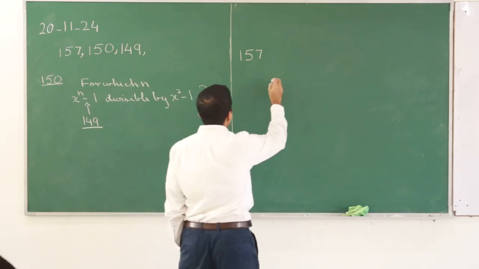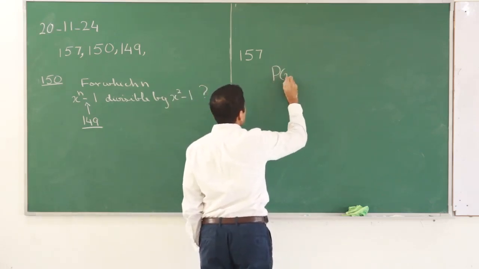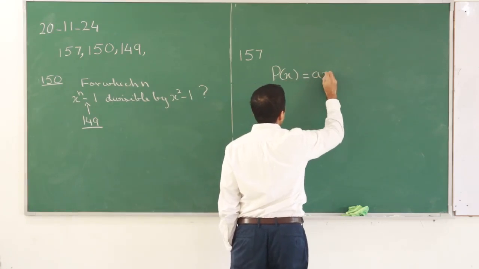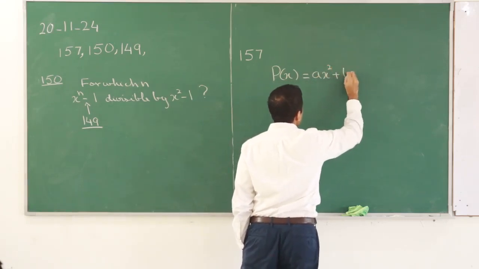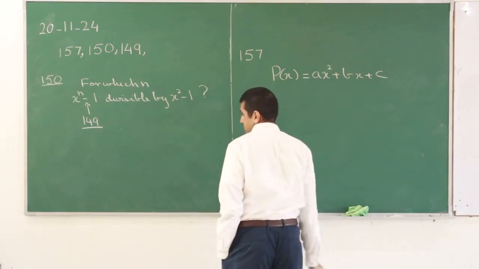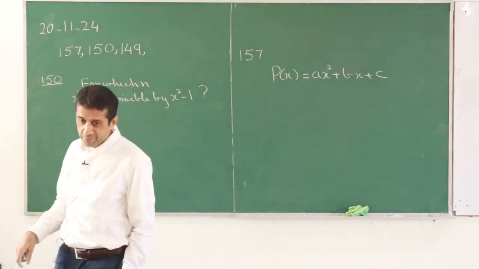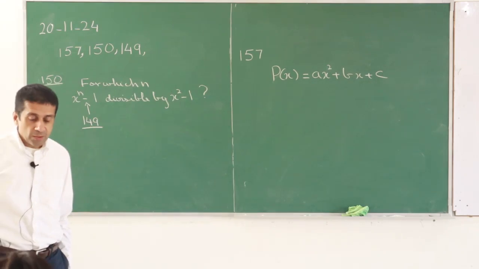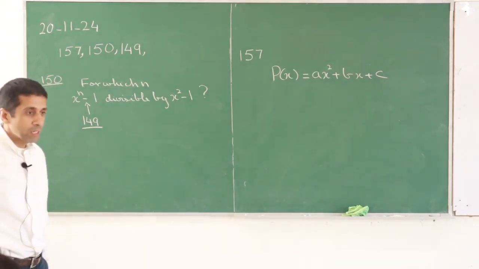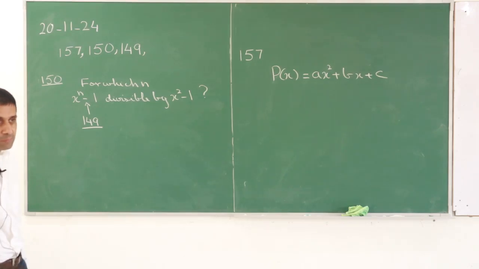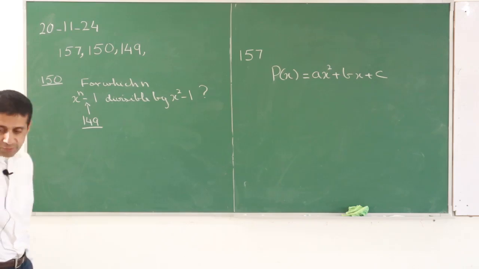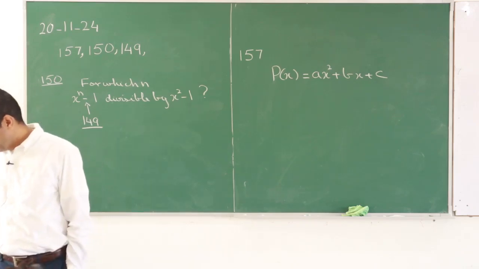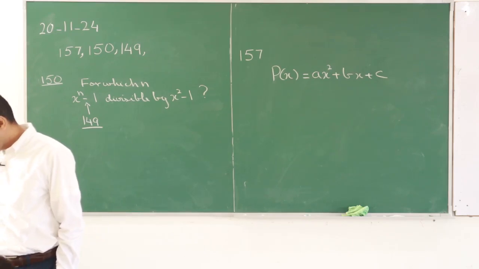Here's a polynomial. p of x is equal to ax squared plus bx plus c. Now do it. Calculate the second differences and show me what you get. Because I do not believe it, you have to see how you did it.